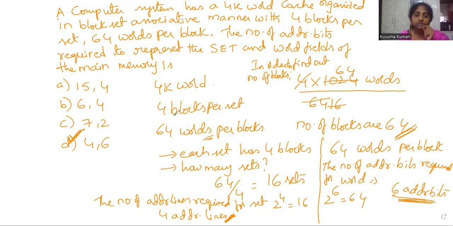4 blocks per set. In each set, there are 4 blocks. That means how many address lines are required to represent the block? 2 address lines are required.